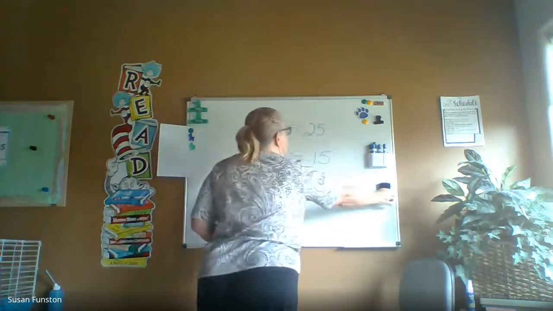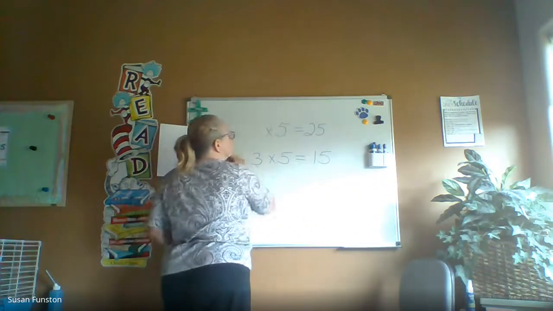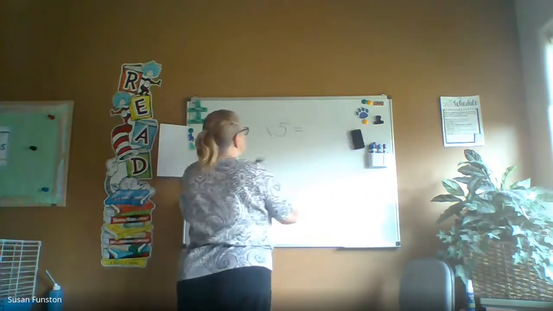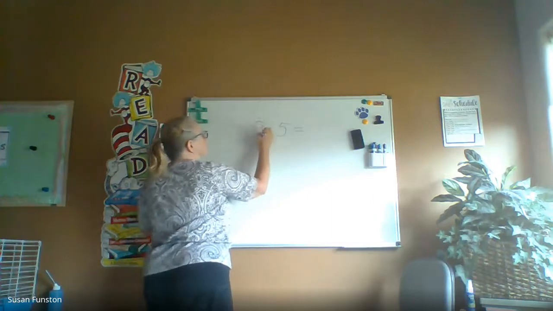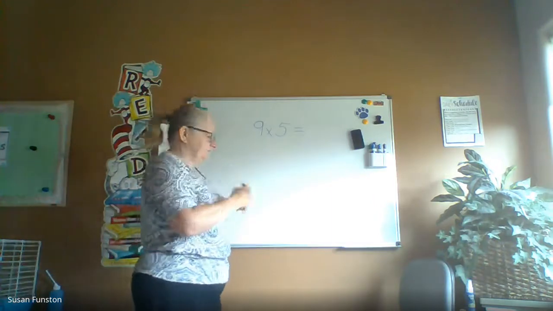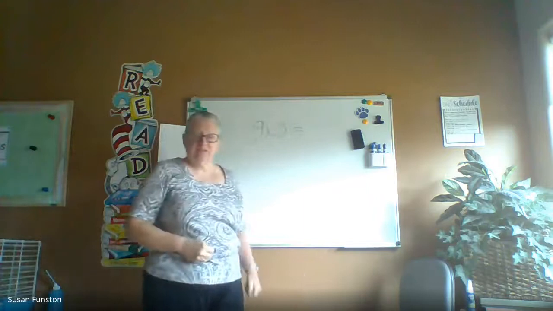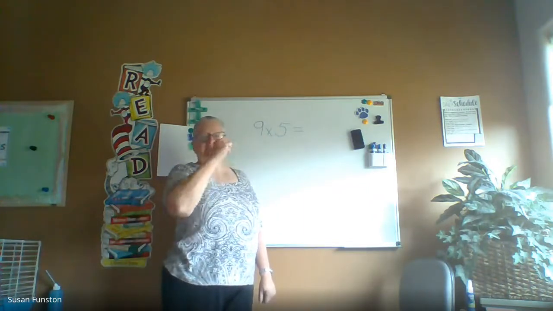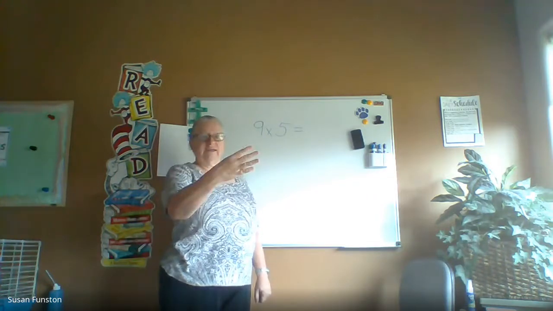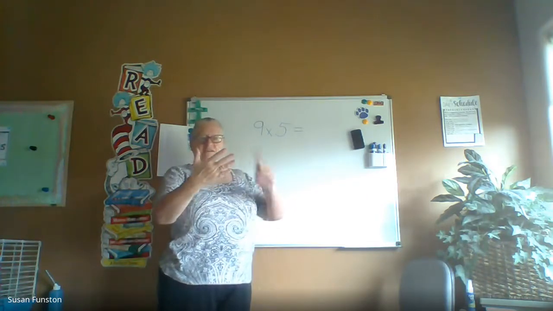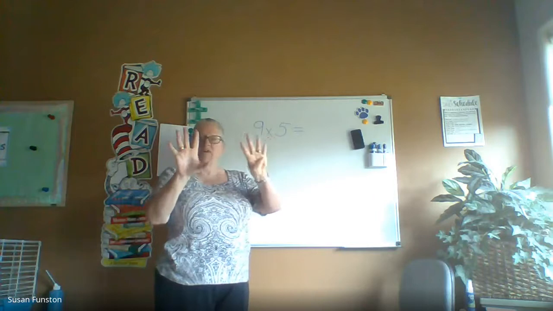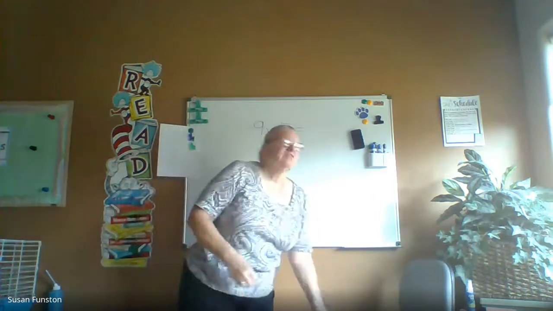Let's do 9 times 5. Okay, so I can count by 5s, but this time I'm going to have to do it 9 times. Ready? 5, 10, 15, 20, 25, 30, 35, 40, 45. Okay, so now I know that 9 times 5 is 45.